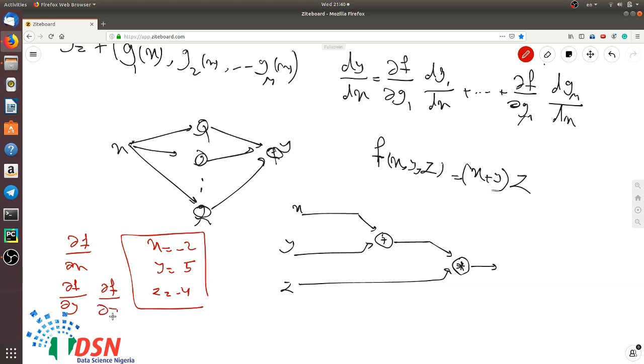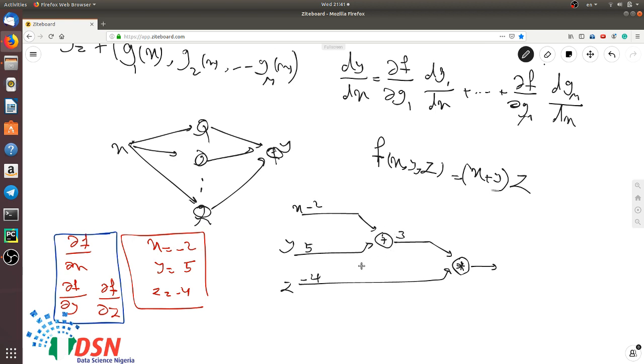We know that in neural networks, these are used in the gradient descent, so we want to calculate these. To calculate this, first we should go forward in this graph. So we know that it is -2, it is 5, it is -4. So first we calculate the output of this node.